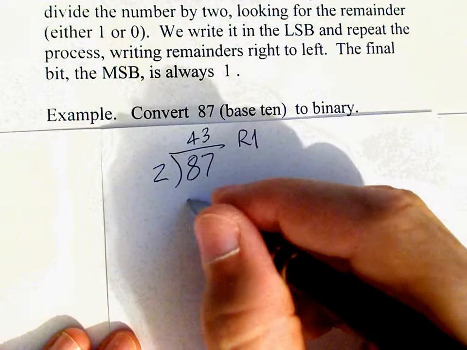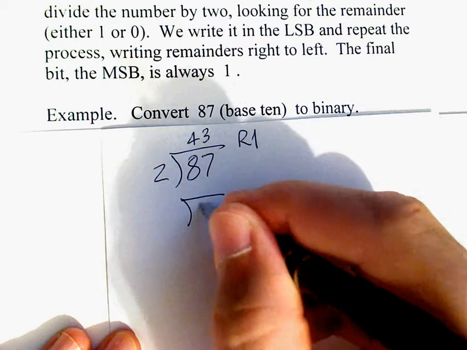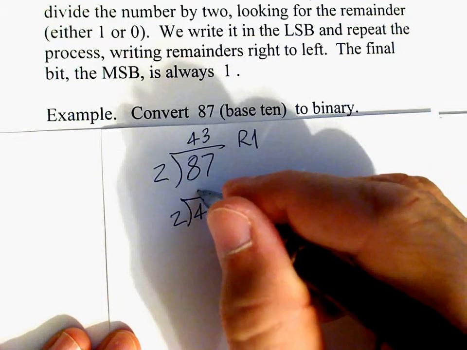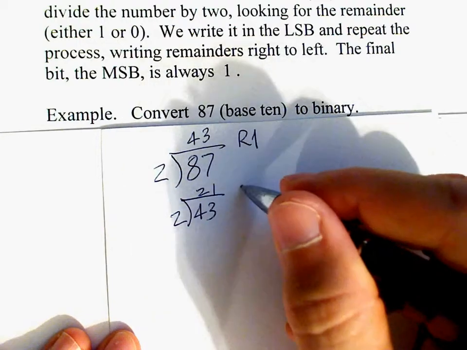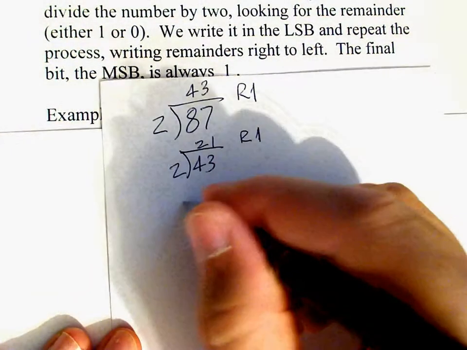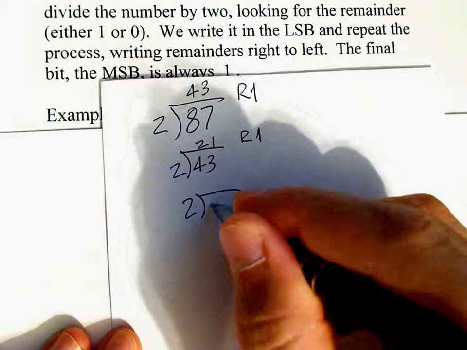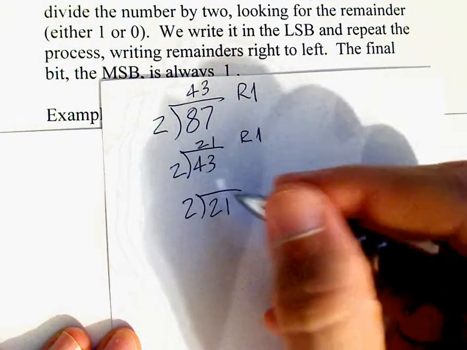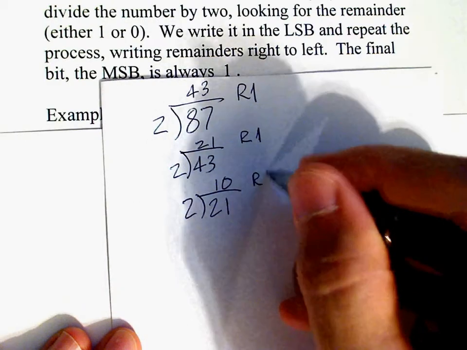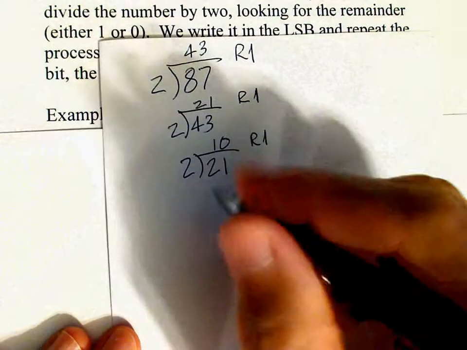Okay, and so then we need to divide 43 by 2, and we get 21 with a remainder 1. Then we need to divide 21 by 2, we get 10, remainder 1.